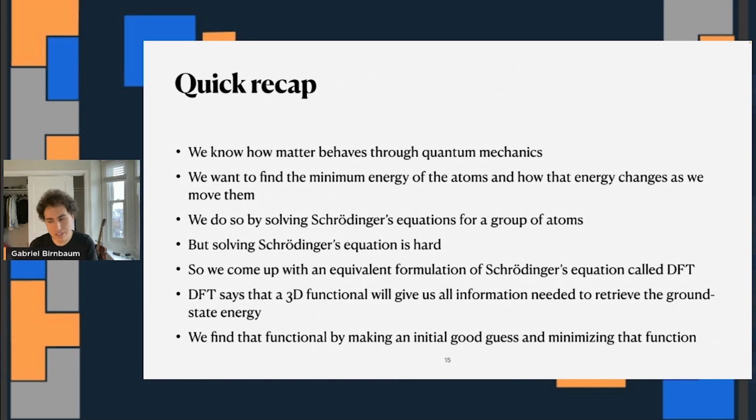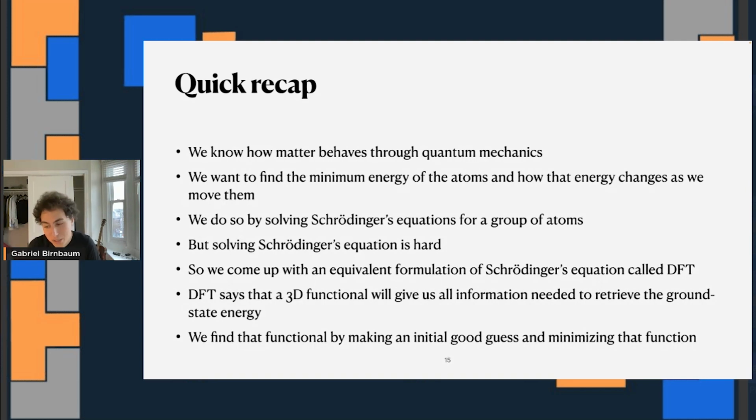Okay, so that was a lot of physics, but it boils down, for a quick recap. This is very esoteric at some points, and thank you for sticking around if you did. The recap is we figure out how matter behaves through quantum mechanics.